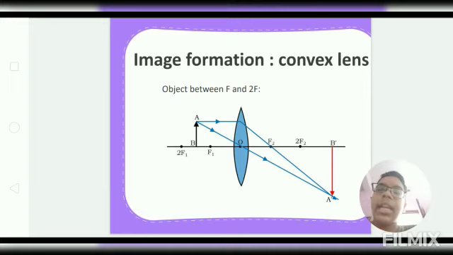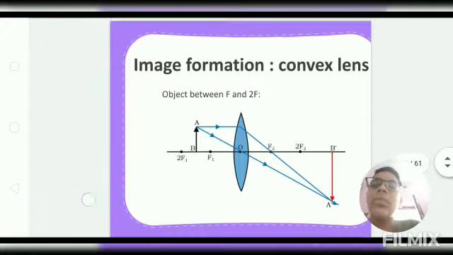As per the basic ray diagram 1, a light ray comes parallel and passes through the focus F2, and another ray, as per basic ray diagram 3, passes through the optical center and remains undeviated, and they meet at the point A dash. Here we get an enlarged image, that means the size of the image is larger than the size of the object. There are also a real image and an inverted image.